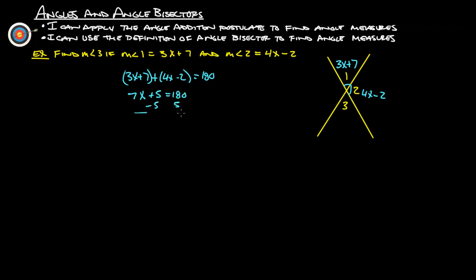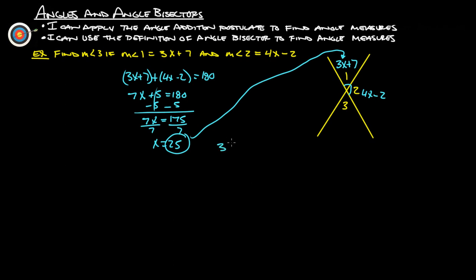Subtract 5 from both sides, right? And we have 7x left over here, and 180 minus 5 is 175. If we divide that by 7, we'll get that x is 25. Okay, so if we want to know what angle 3 is, we're just going to plug in our 25 for this x right here, right?